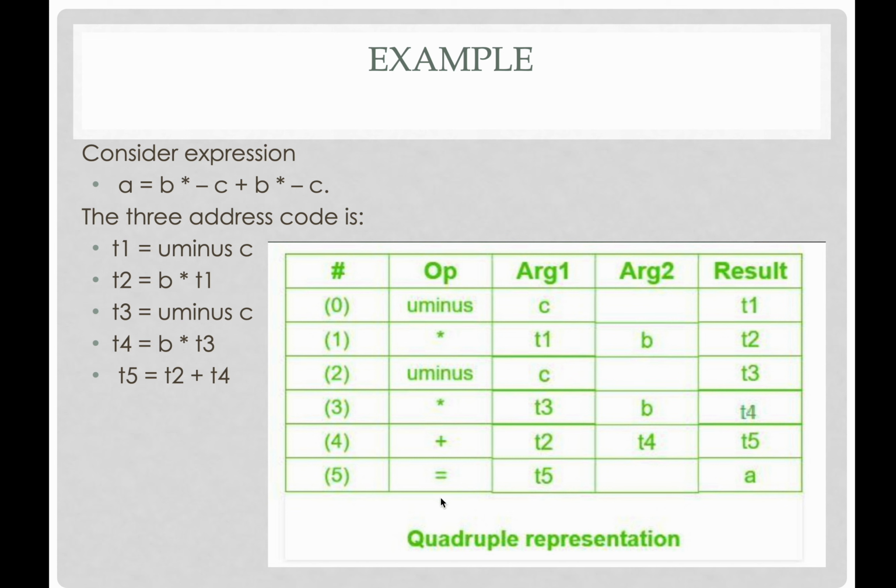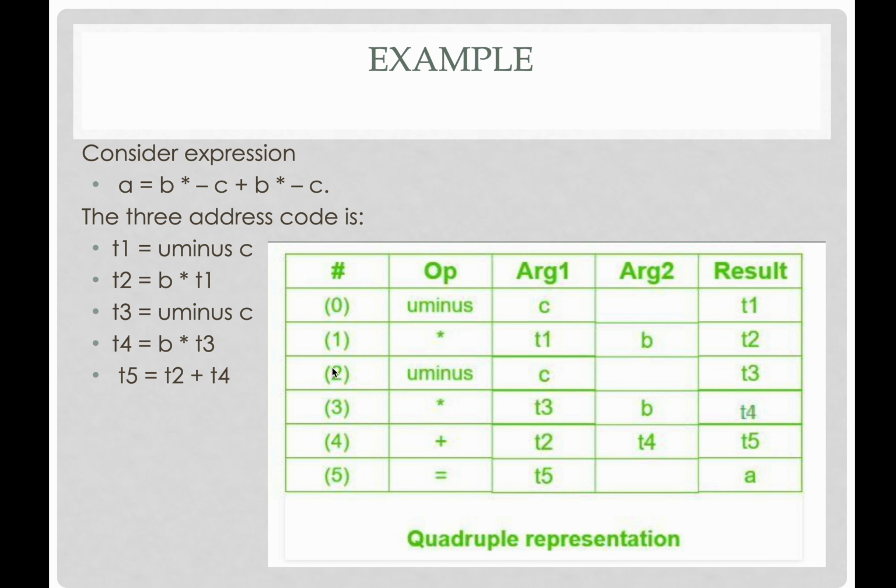So in the quadruple representation we are writing unary minus, argument 1 as c, and we are not using any second argument, so we are leaving that blank, and finally we are storing the result into t1 as usual. In this way the quadruple representation of the expression is done.